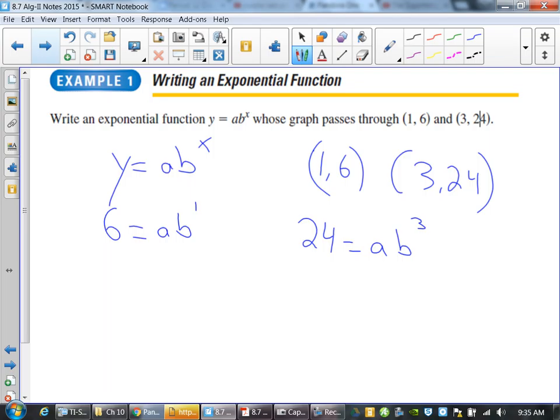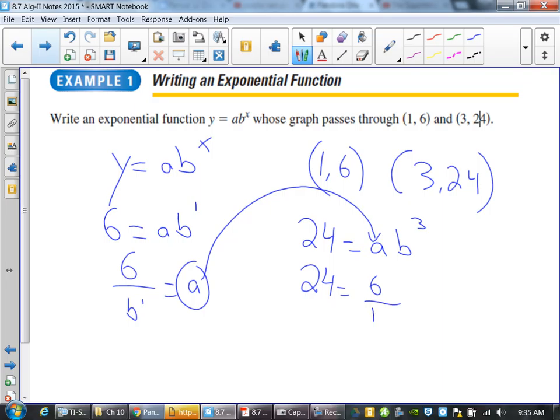And what we usually do here is get things in terms of a, because we just substitute back across. So I know that 6 divided by b to the first power is a. Take that here. And then I solve for b.